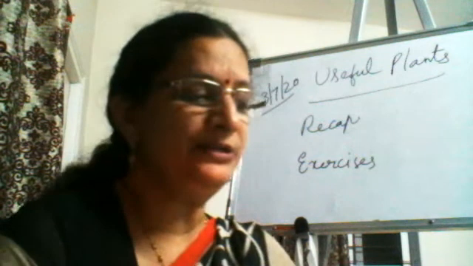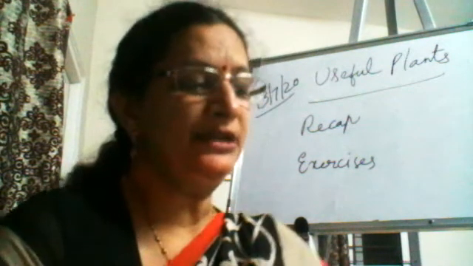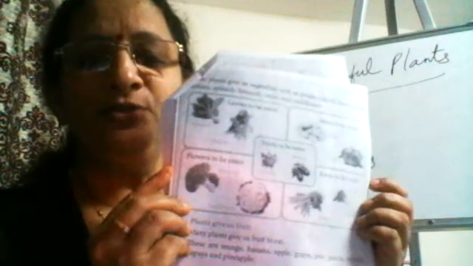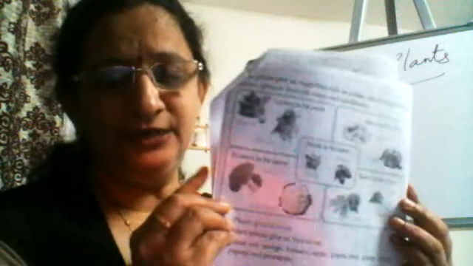So we looked at this picture where we have seen the leaves to be eaten, stems to be eaten, fruits to be eaten, the flowers to be eaten and the roots to be eaten. Okay. So what all things we learned?